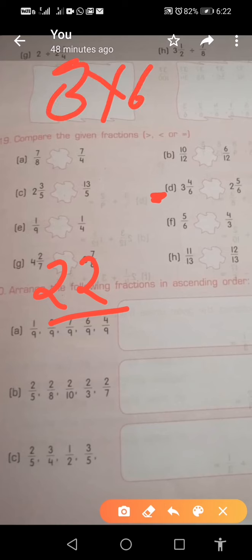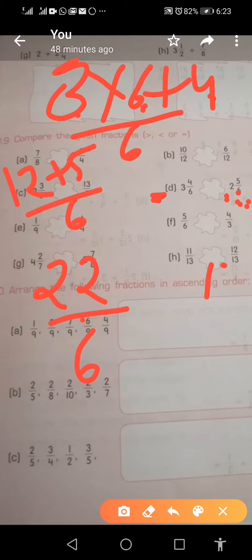It is given in mixed fraction form. 3 6s are 18, 18 plus 4, 22 by 6.